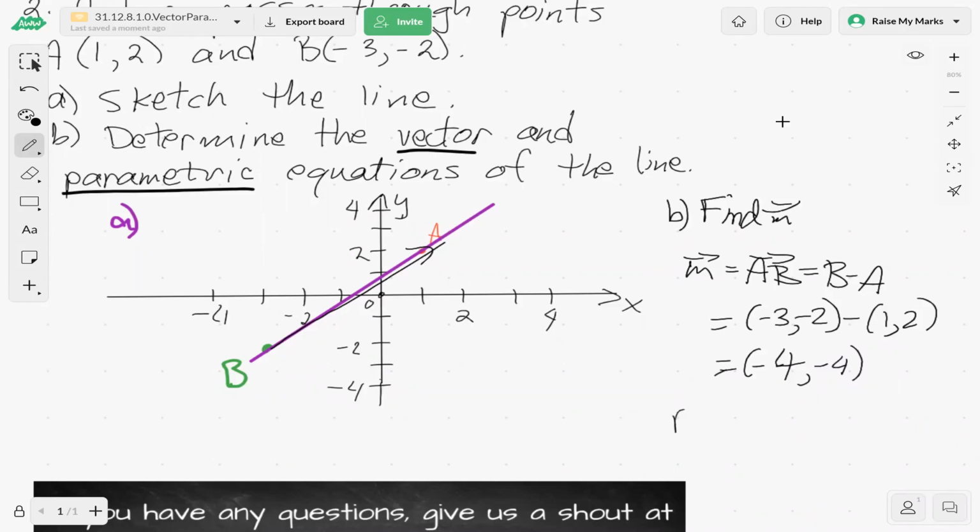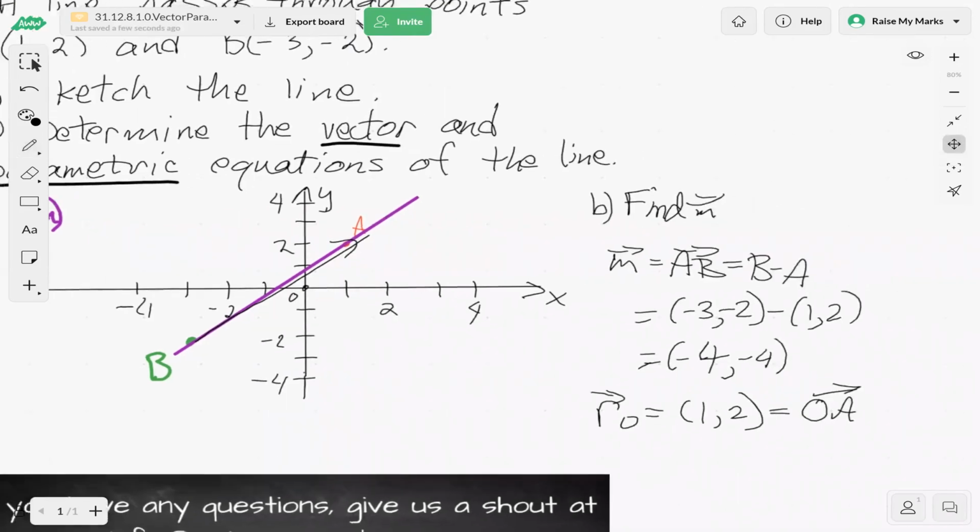A point on our line can be either A or B. Let's choose A. It's pretty simple. It's like our coordinate vector for A, 0A. Now we just need to take this information and put it into the format of either the vector equation or the parametric equation.